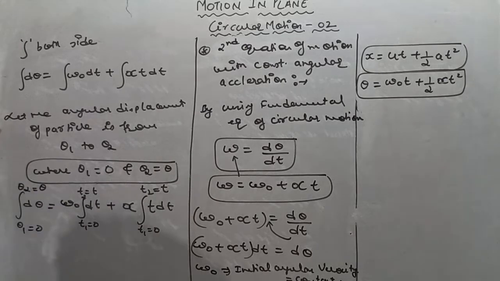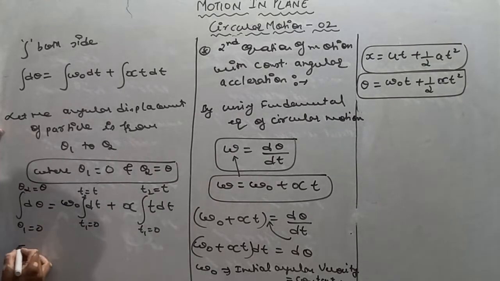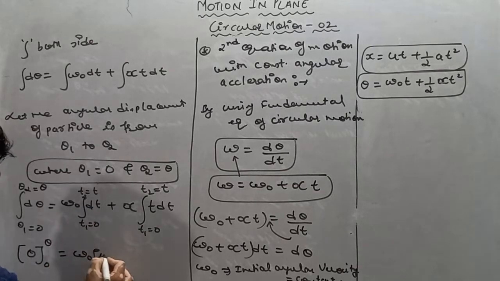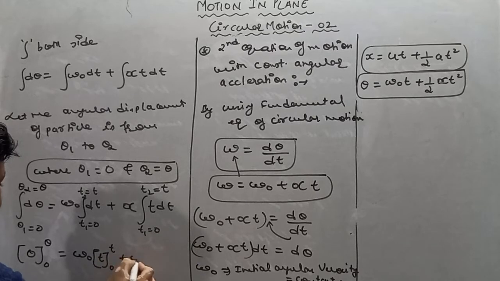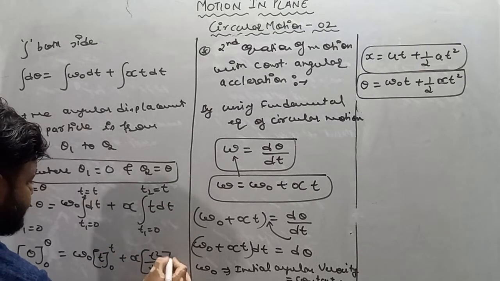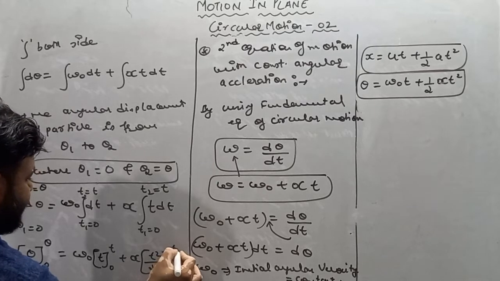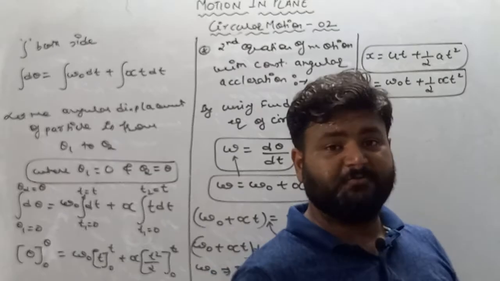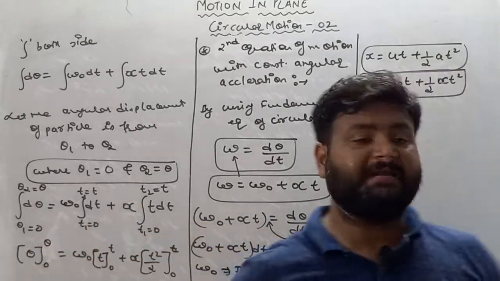Now my dear students, I am integrating this. So d theta is nothing but theta, limit is 0 to theta, it is equal to omega naught. Integration of dt is t, 0 to t, plus alpha. Integration of t dt is nothing but t square by 2. Limit is 0 to t. Now we have to put the limit. As we all know, there is a process for putting the limit. We have to put upper limit minus lower limit.